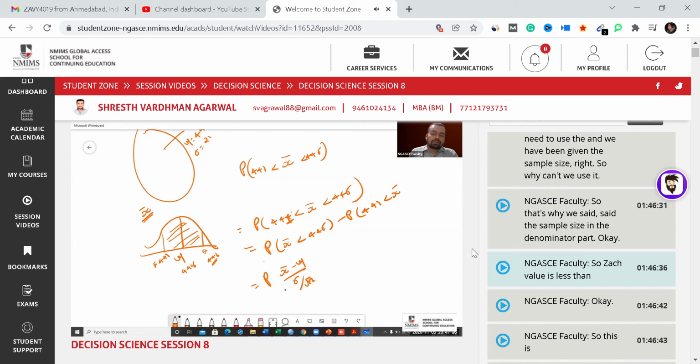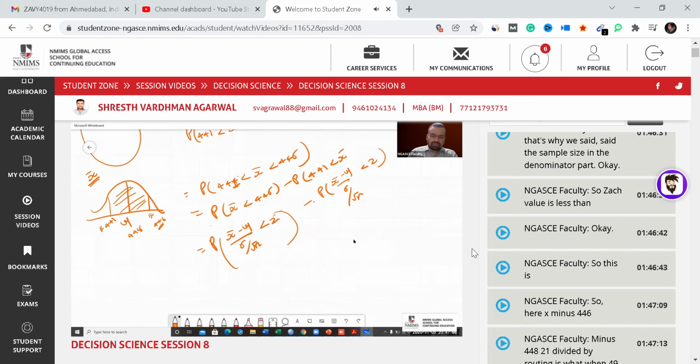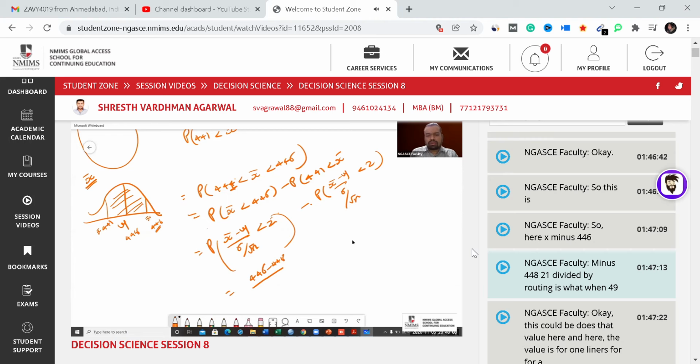So the Z value is less than, here X bar is 446 minus 448, with 21 divided by root n, where n is 49.